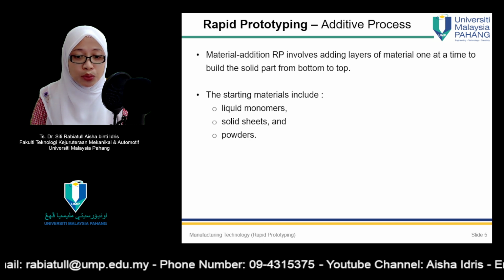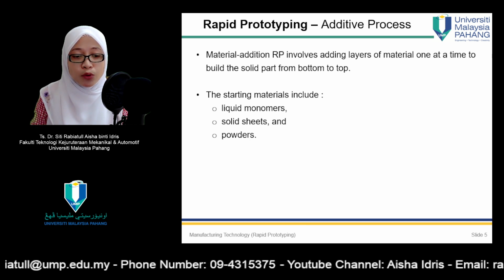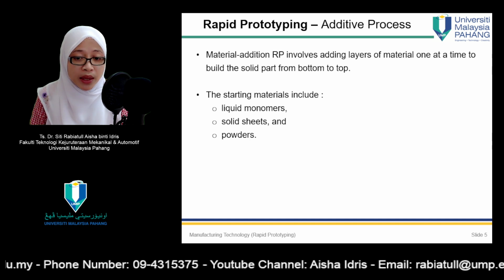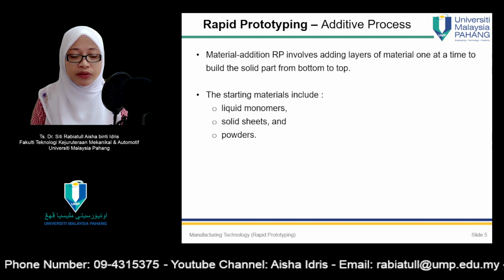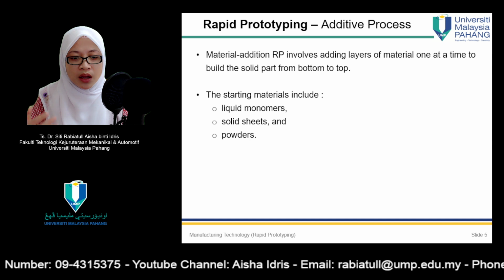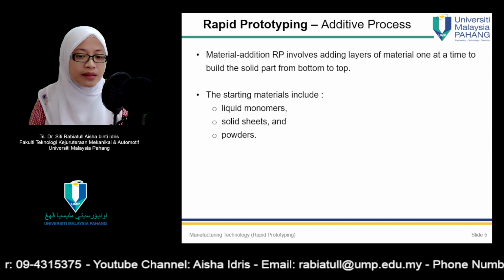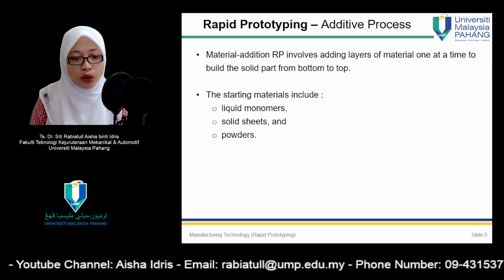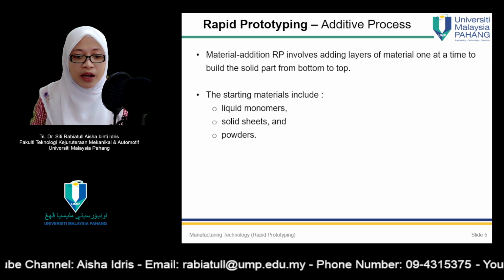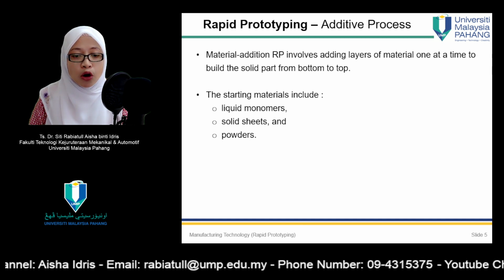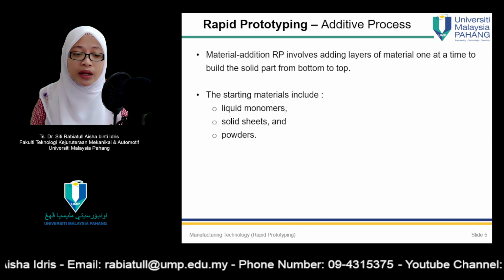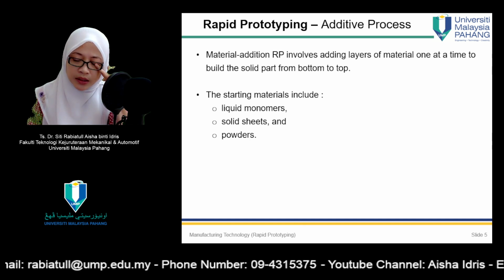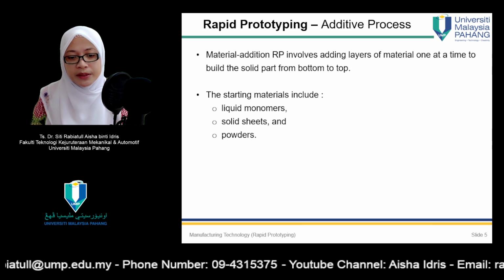In addition to starting material, what distinguishes the various material addition RP technologies is the method of building and adding material. Some deposit a soft plastic filament in the outline of each layer, while others bond solid layers together. There is a correlation between the starting material and the part building techniques, as we shall see in these RP technologies.